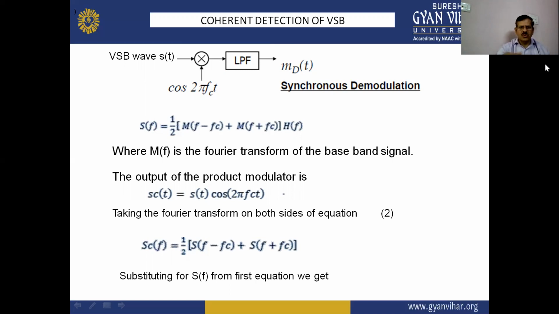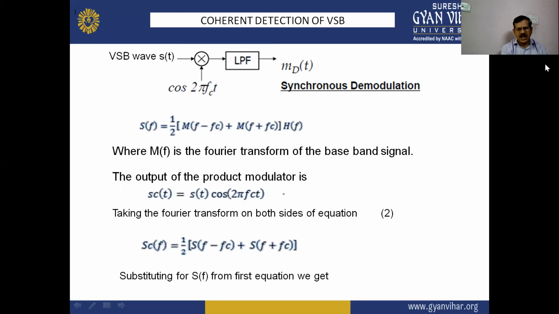The output of the product modulator is s_c(t) equal to s(t) cos 2 pi f_c t. Taking the Fourier transform of both sides of this equation, S_c(f) equals 1 upon 2 [S(f minus f_c) plus S(f plus f_c)].